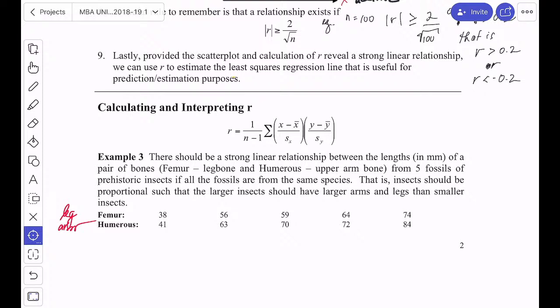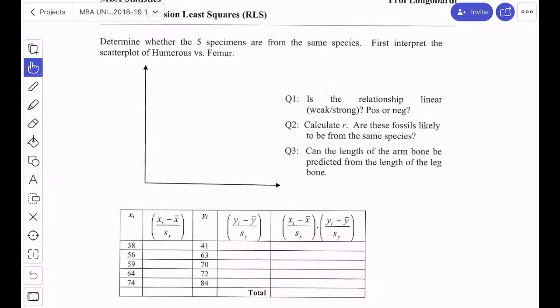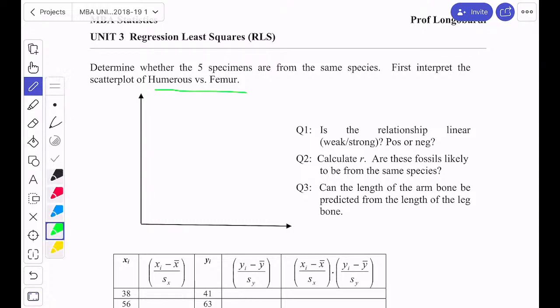Okay, so we are told to plot, where are we told? On this page, you're told to plot humerus versus femur. So that makes the arm versus the leg.